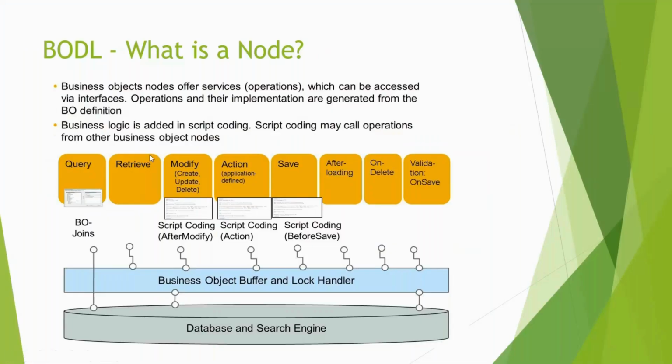So if we are creating any node, all these events and the basic CRUD operations will be directly created by the C4C system for us. What it means is, let's say we created this node in the backend.